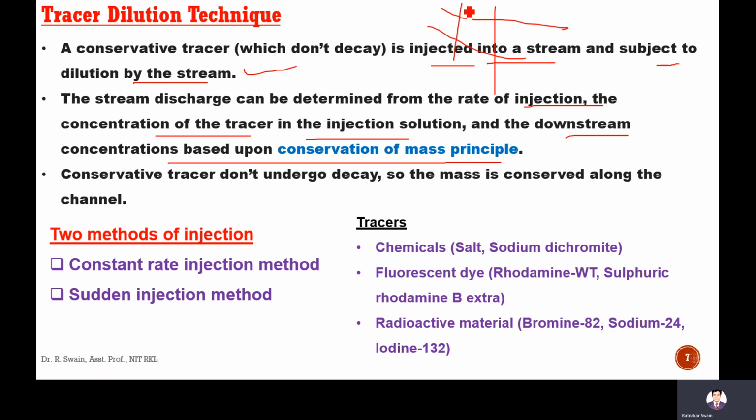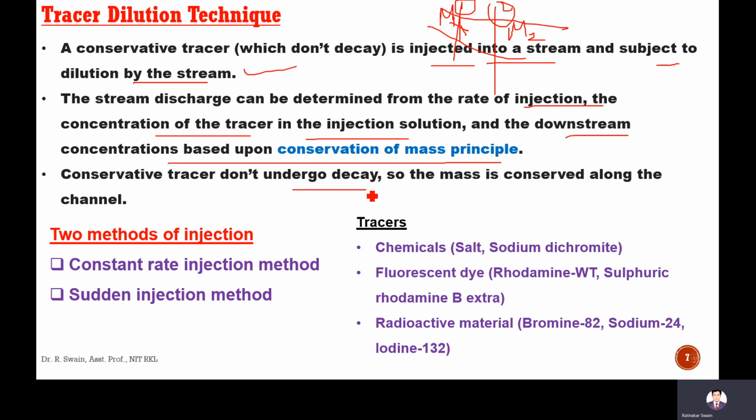Here you have injected, and you want to determine the discharge. At the injection point let there be M1 mass of tracer. Here it is M2, the mass of tracer in section 2. So M1 will be equal to M2.